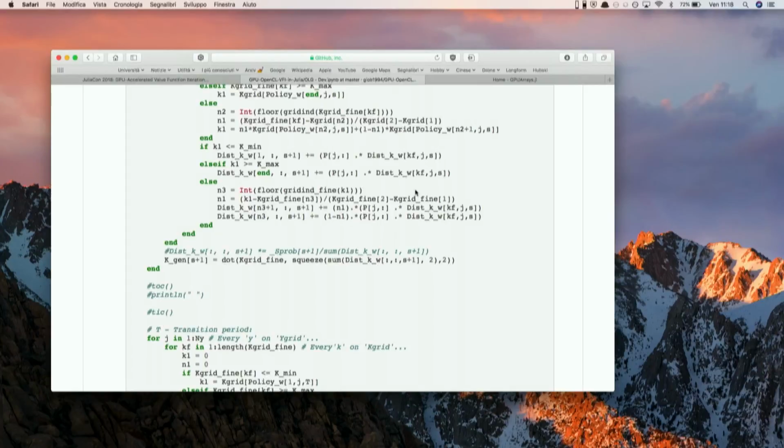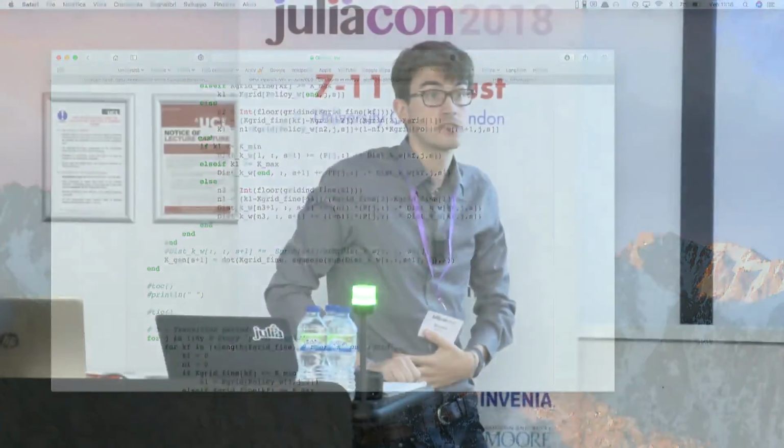There's a distribution over the set of states, and to simulate the model, you have to bring the distribution forward. That's costly because for each possible state, you have to consider all the agents that go into that place, and so the operation, at least in the way I did it, is inefficient.